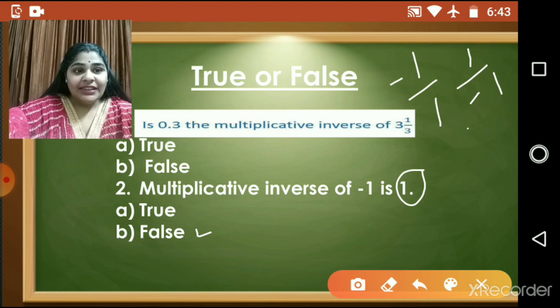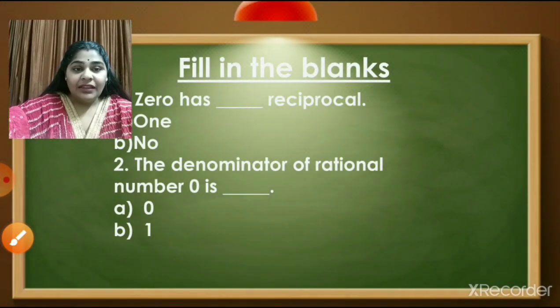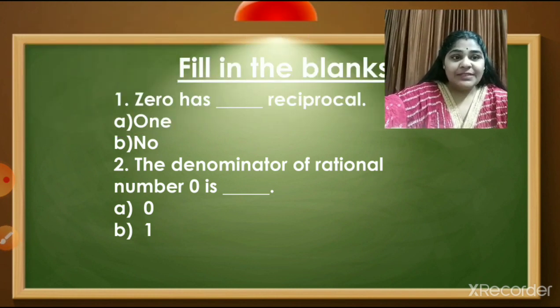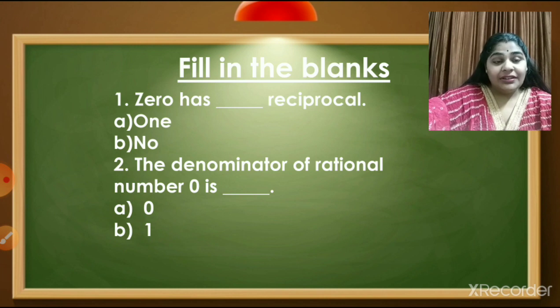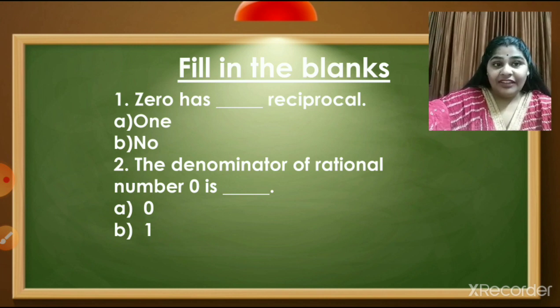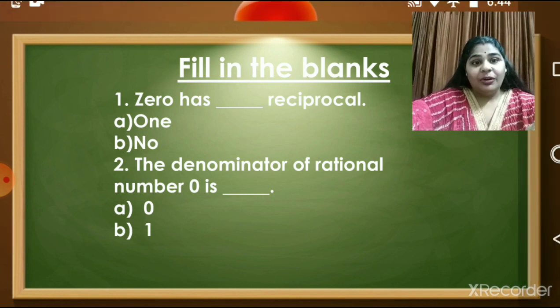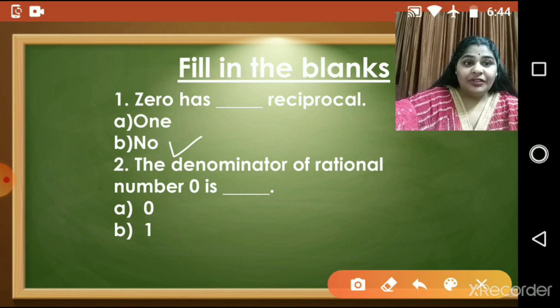So the next one is, now this type again questions may come, that is filling the blanks, children. 0 has dash reciprocal. So already I told 0 cannot have any reciprocal. So the option will be no. The denominator of rational number 0 is dash.